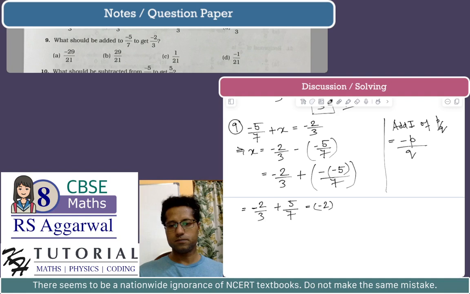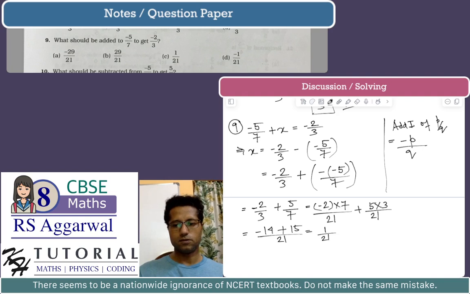So this becomes minus 2 into 7 by 21 plus 5 into 3 by 21. So this is equal to minus 14 plus 15 by 21. This is equal to minus 1, this is equal to 1 by 21.